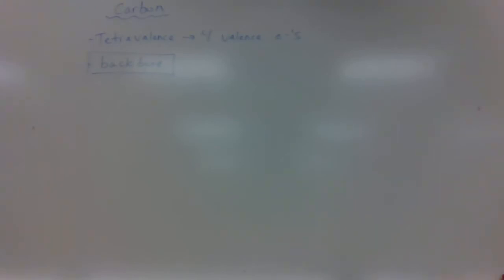We can see molecules with all different shapes. You could have linear molecules, you could have branching molecules, you can have carbon rings, you could have double bonds, you could have triple bonds, you can have all different arrangements of carbons in the backbone.